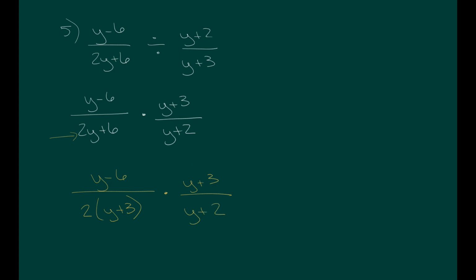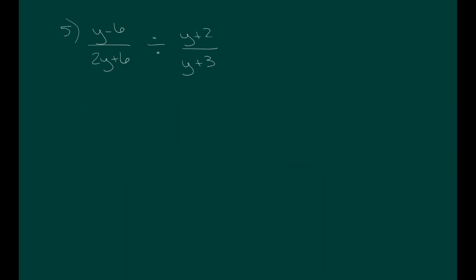Now the only thing that I can simplify is this y plus 3. So when I finish with that, I would be left with y minus 6 over 2 times y plus 2. And I'm fine with that. You don't need to distribute unless you just want to.